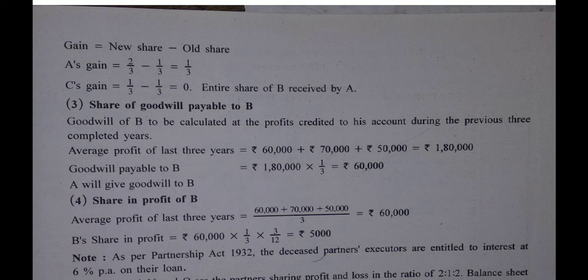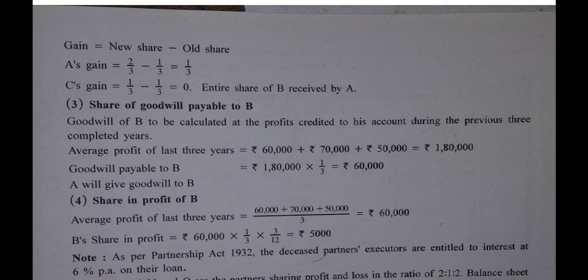Gain equals new share minus old share. Firstly, it is calculated for A. 2/3 minus 1/3 equals 1/3. C's gain is 0. So C does not gain, nor does he sacrifice.